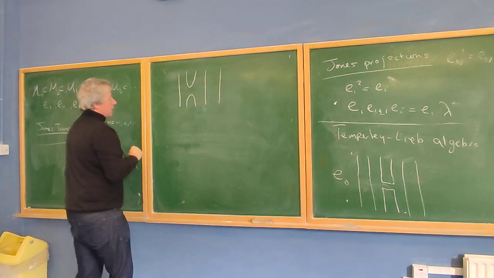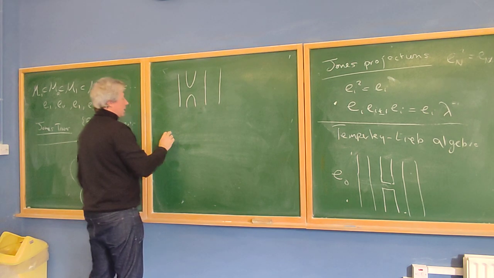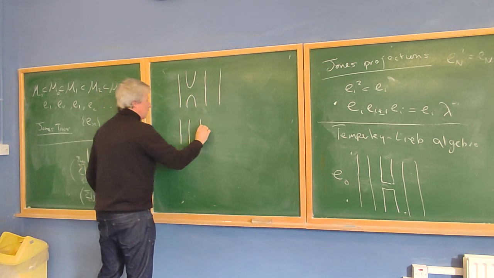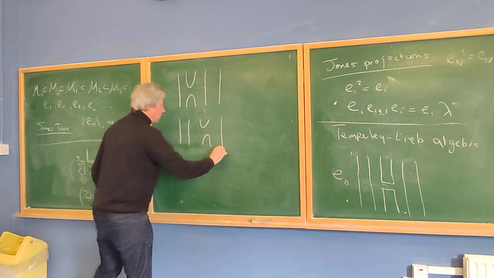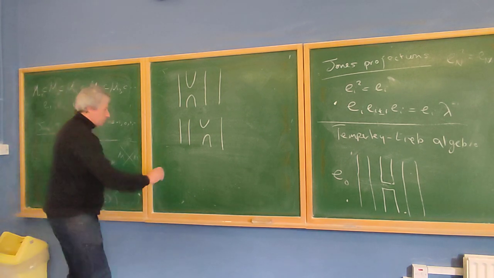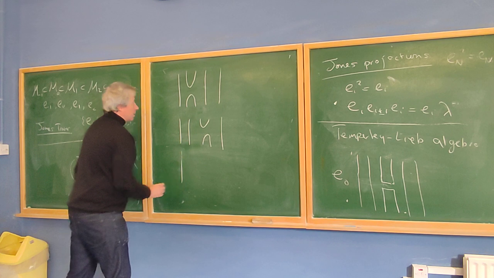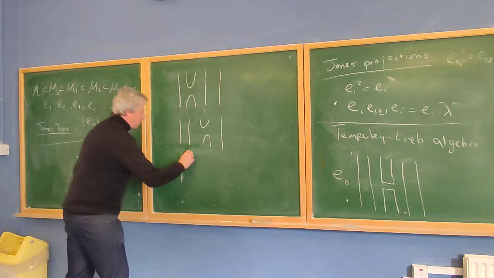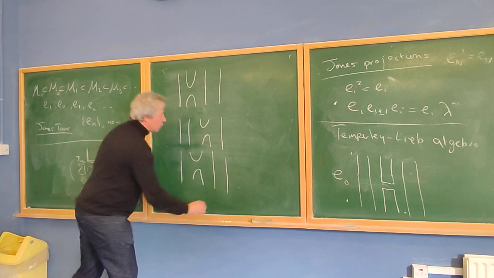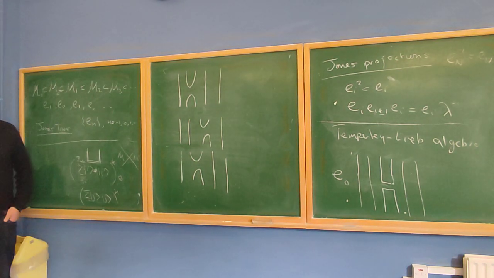So this is a projector, but there's also a projector that acts on the next one. So I can also have a projector that acts here. Let me take the first one again. We are now constructing representations of the Temperley-Lieb algebra. I'm showing you the relation first, on the pictures.